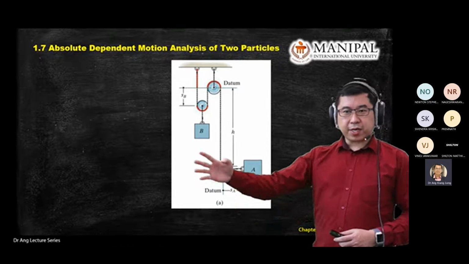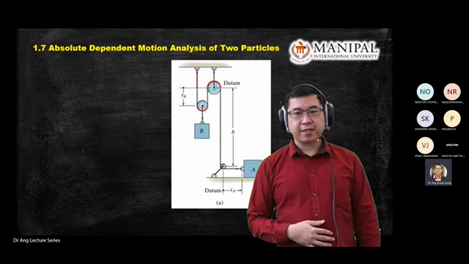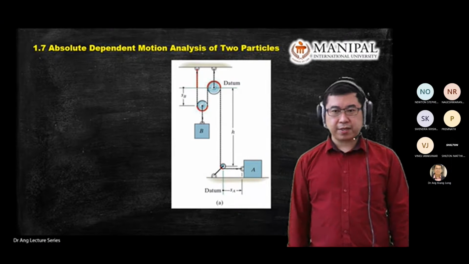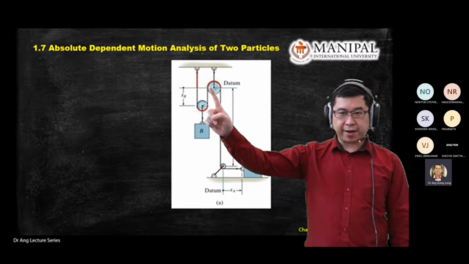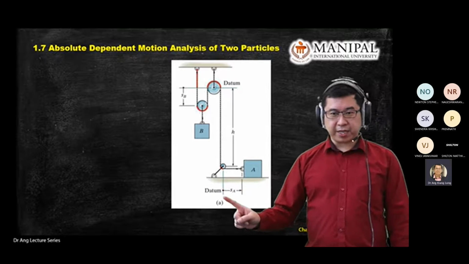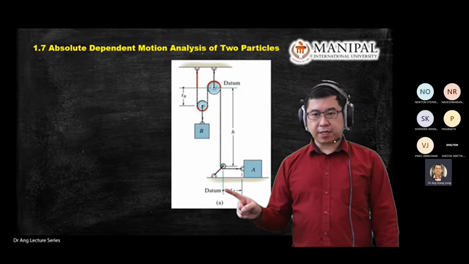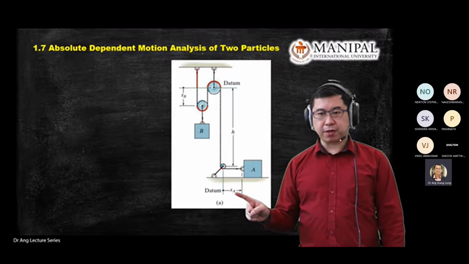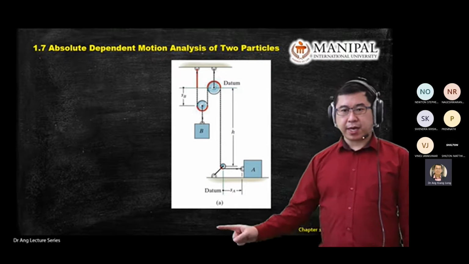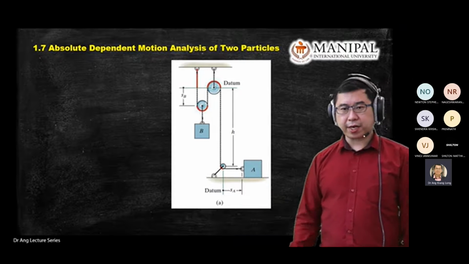Okay, now if you look at this diagram, you have two datum lines there. One is for A, one is for B, and the rest is pulley and line. For object A, your datum is here. Datum A is to measure the displacement or the position of A, denoted by SA. From this diagram, the positive direction of your SA is to the right-hand side.